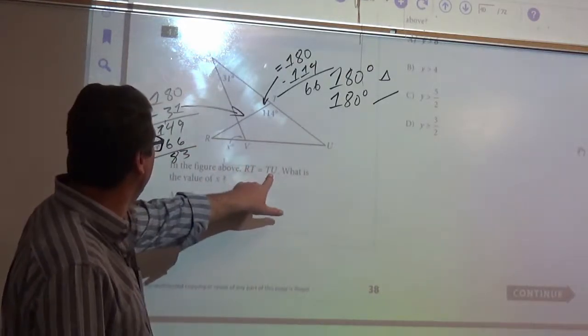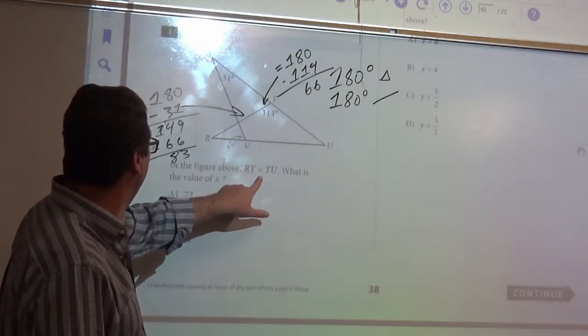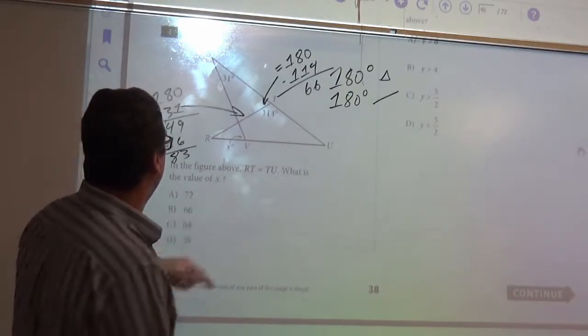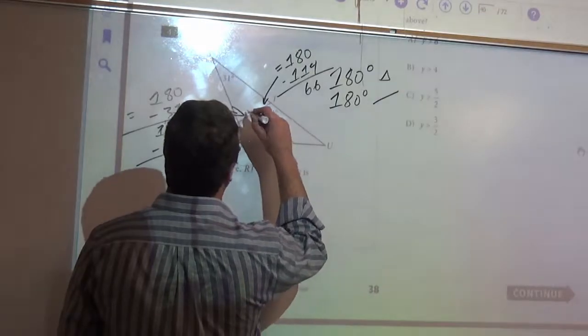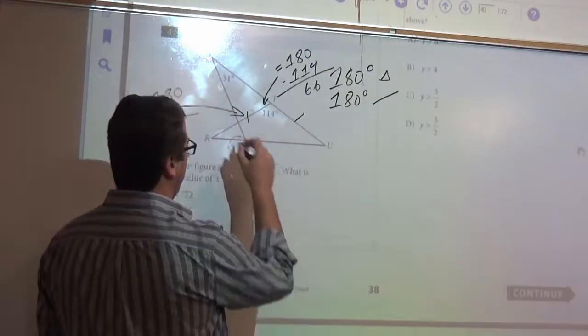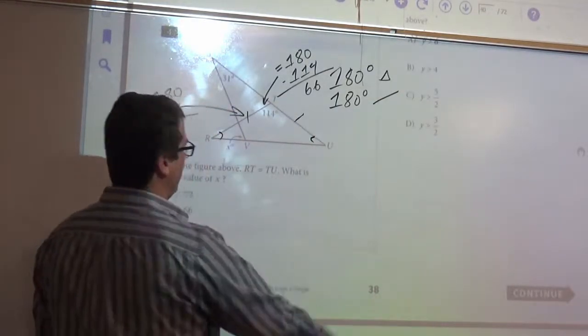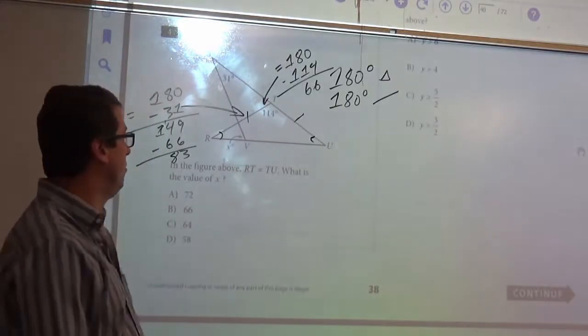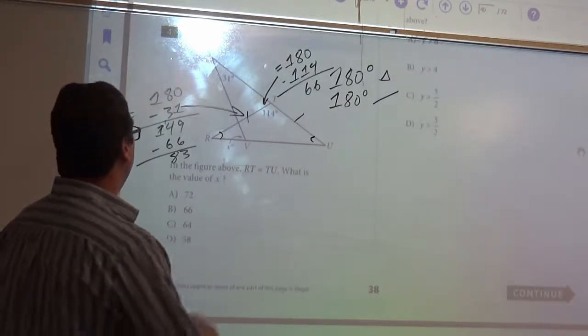They said RT and TU are equal. So that means that this is an isosceles triangle and this angle are equal. I'm sure that's important.